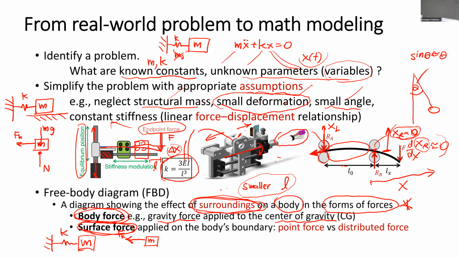The surface force can be a point force or distributed force. In the real system, the normal force is a distributed force that applies between the boundary of the mass and the floor. But in our study, many times we assume the normal force to be a point force that applies beneath the mass.